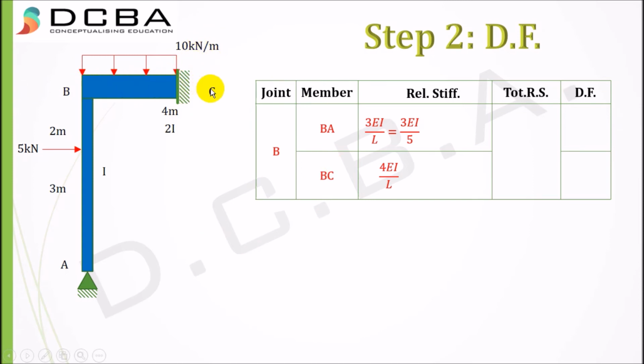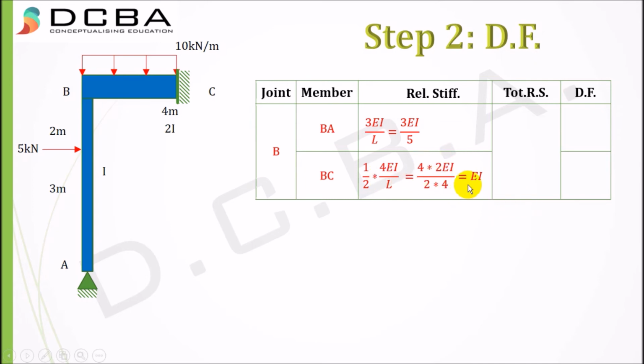So we have cut this BC into half, so we have to multiply this relative stiffness by half. Okay, so it is equal to 4, and here it is 2I, so it is 4 into 2 EI by 2. This 2 is from this half side, and L is 4 meters. L you have to consider the whole length. Okay, you cannot consider the half length, you have to consider the whole length.